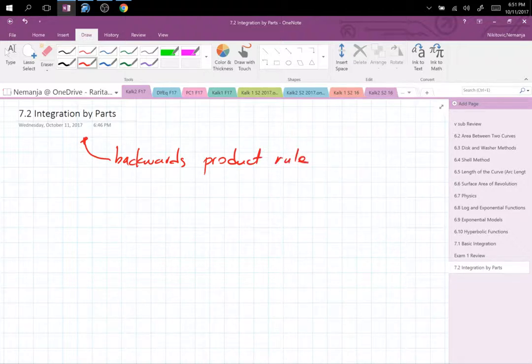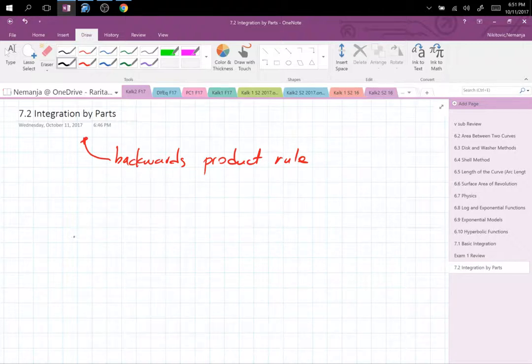So in your Calculus 1, your instructor hopefully told you that chain rule and U sub undo each other. Well, now integration by parts and product rule create that pair. That means that we can derive the formula for integration by parts from basic formula of product rule.